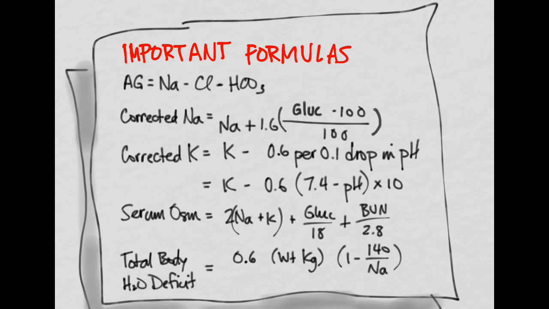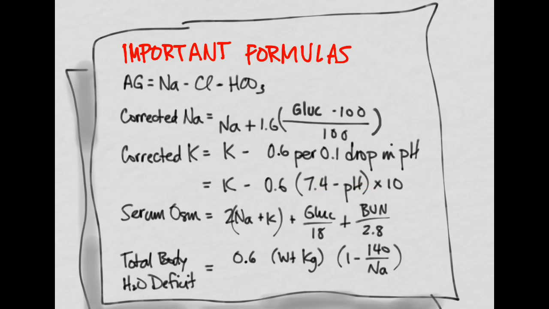So remember, the sodium is artificially low. The potassium is going to be artificially high, and so you have to correct for that with the pH. You correct 0.6 per drop in pH of 0.1, or you could say 7.4 minus the pH, times 10, times 0.6. You're going to subtract that from the K. So let's say the pH is 7.0. So 7.0 minus 7.4, this would be 0.4, right?